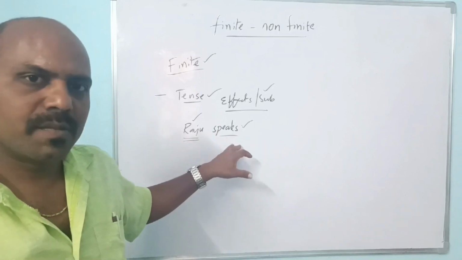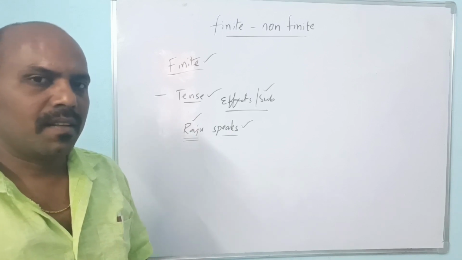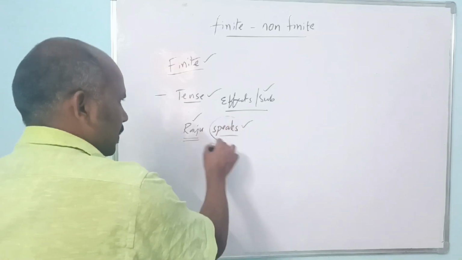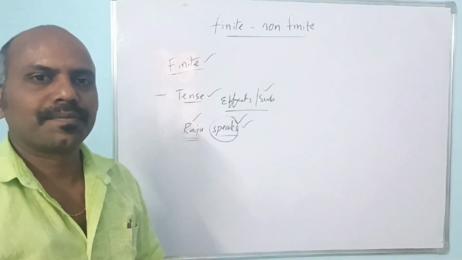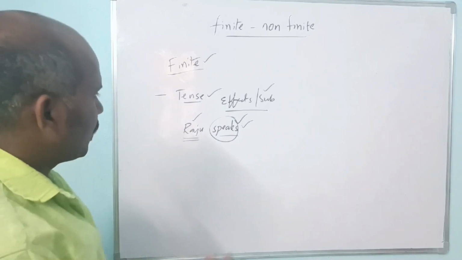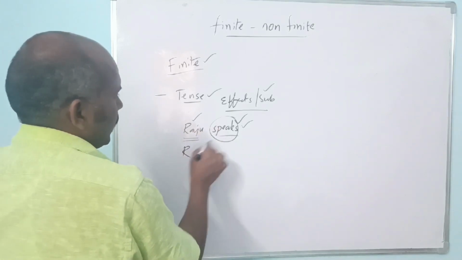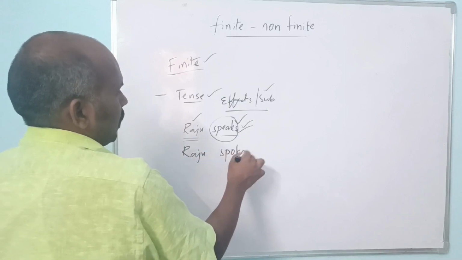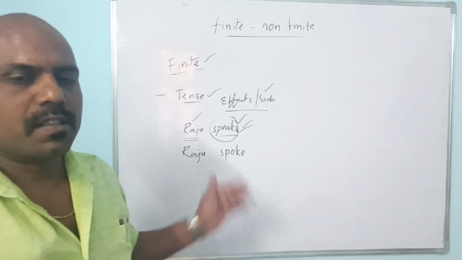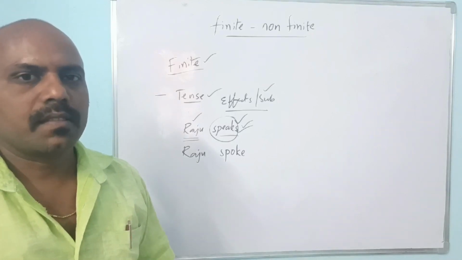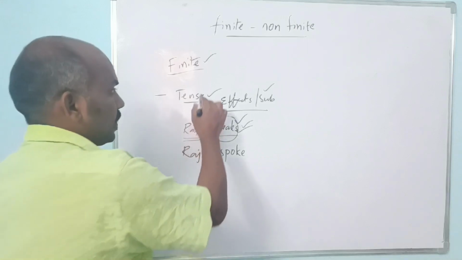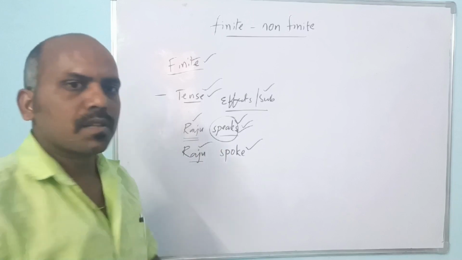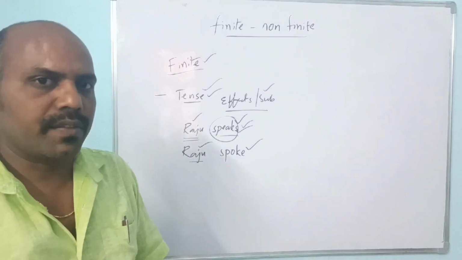The subject affected speak to modify, and a verb which modifies depending on the subject is called finite. Again, this is present tense. And Raju spoke is also a finite verb, a tense which shows an action completed and also affected by a subject.